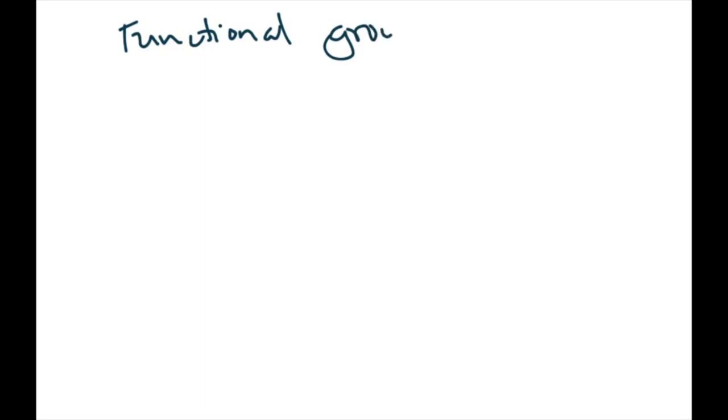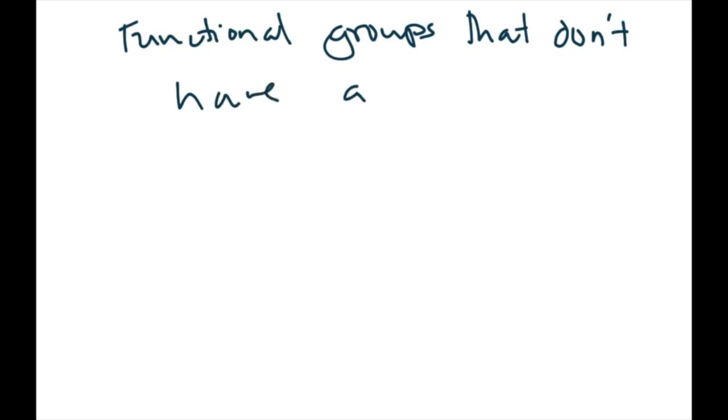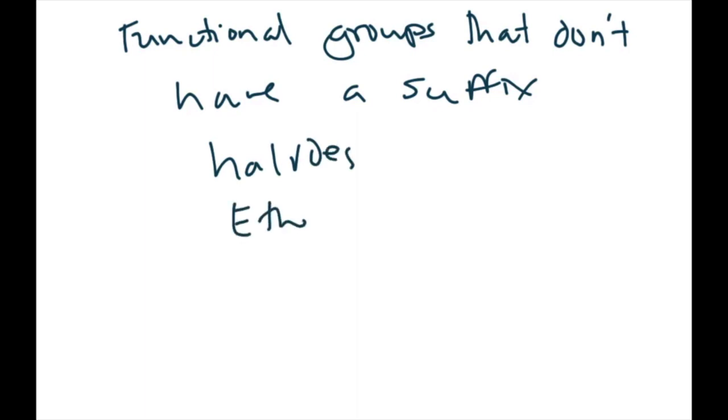the only ones that we need to worry about now are halides and ethers. Every other one of these functional groups that I gave you, there is a suffix that gets put on the parent hydrocarbon's name, and that is going to tell us that group's there.